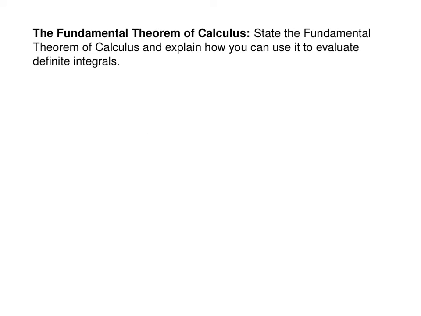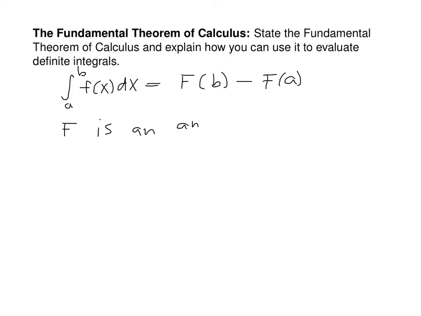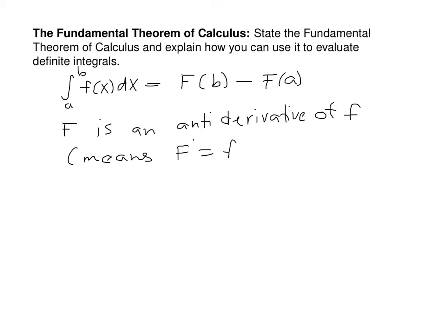And what you learned in Calculus 1 was how to use the Fundamental Theorem of Calculus to find the area under a curve. And what that said was this: the integral from a to b of little lowercase f of x dx is equal to capital F of b minus capital F of a, where capital F is an antiderivative of little f, which means that capital F prime equals little f.